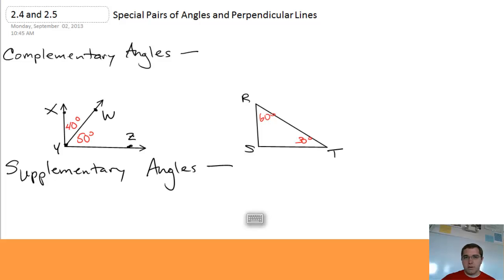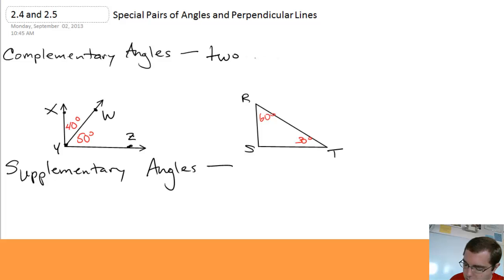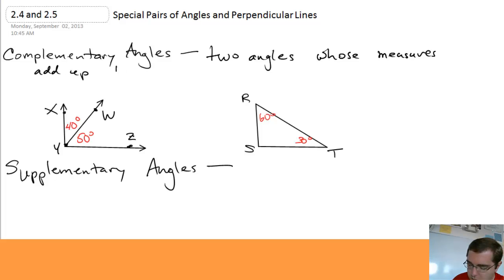And complementary angles are two angles whose measures add up to 90 degrees.